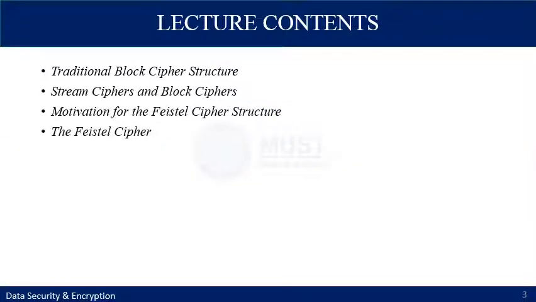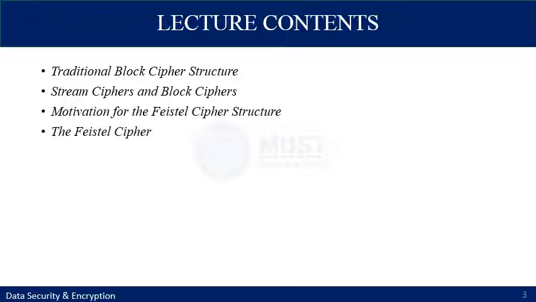Let's briefly look at the lecture contents. In this lecture, we are going to discuss the traditional block cipher structure, that is, how a block cipher is formatted and used in data transmission. Then we are going to differentiate between stream ciphers and block ciphers and their respective implementation in network security and information security systems.